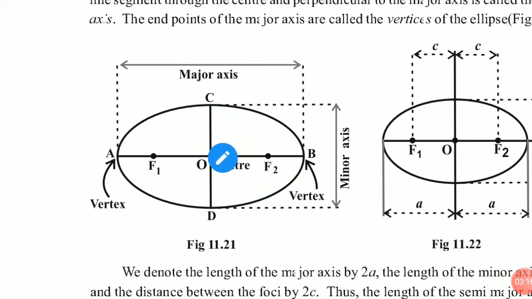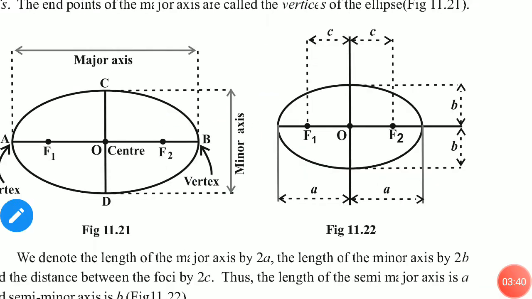Now C and D: this axis CD is called the minor axis of an ellipse, and the distance from A to B is called the major axis of an ellipse. So there are two axes of an ellipse, the minor axis and the major axis. Remember these two axes: the big axis is the major axis and the small axis CD is the minor axis.